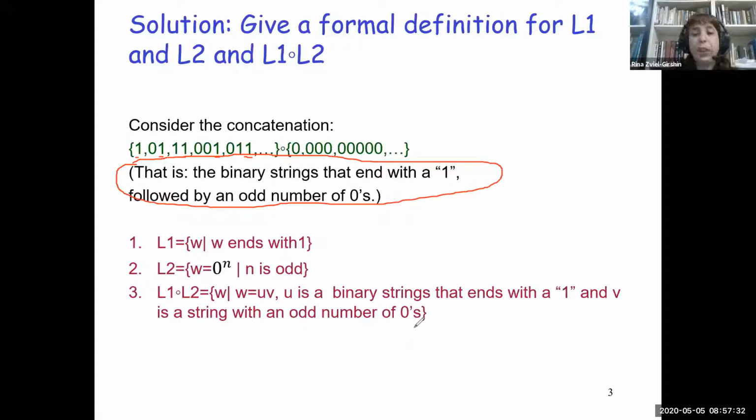But if the formal definitions of L1 and L2 are not presented in the same question where you prove or give your definition, then you can't use it. In this question, since L1 and L2 are described before, you can use the belong sign to say that U belongs to L1 and V belongs to L2. Definitely.